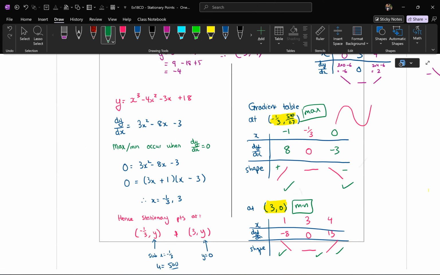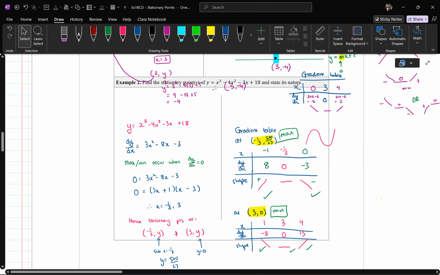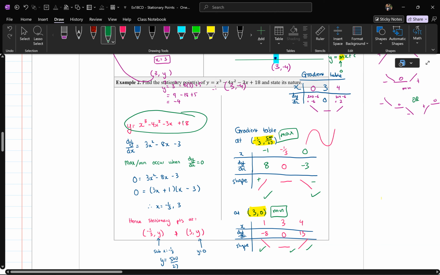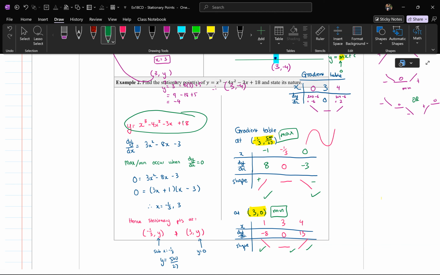So even though we can't see what the graph looks like, I can already predict what each of these points are. If you now go back to your cubic knowledge from term 2, you are now able to find x-intercepts, y-intercepts, and you can find turning points because I already found them. That's my maximum, that's my minimum.